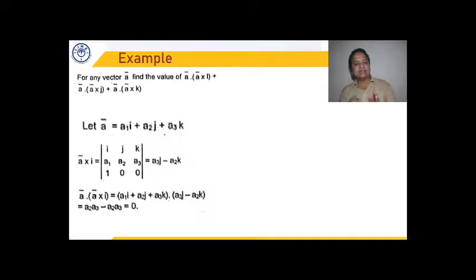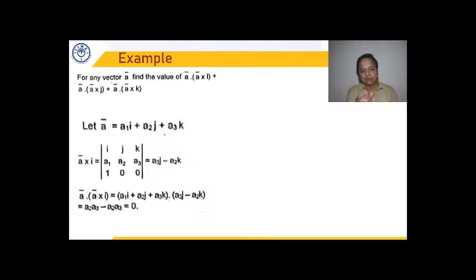I dot J is 0, so we never multiply those. In the first, the coefficient of I is A1, but in the second there is no I. Coefficient of J is A2, A3 and coefficient of K is minus A2, A3. So when you add them, A2, A3 cancel out. So the first part of the expression, A vector dot A cross I, becomes 0.